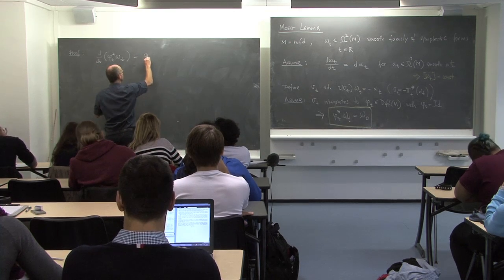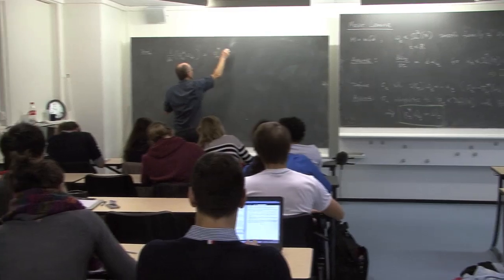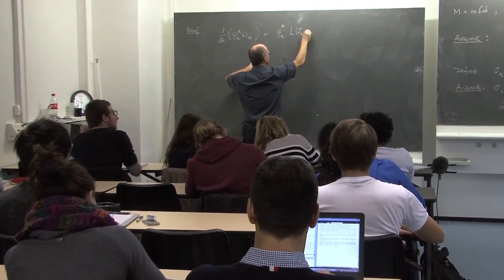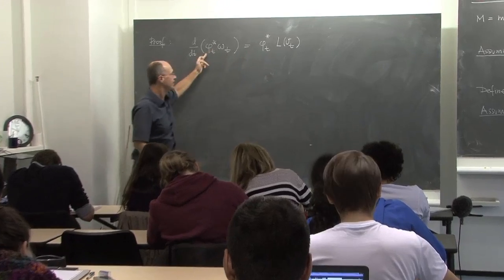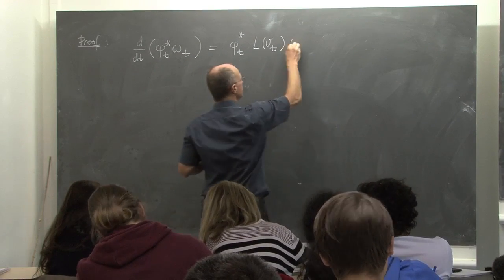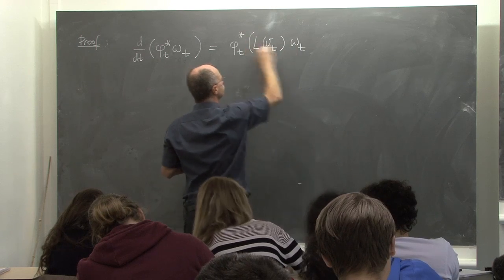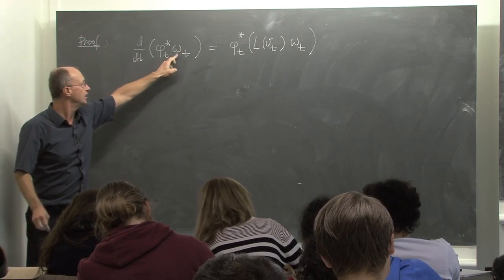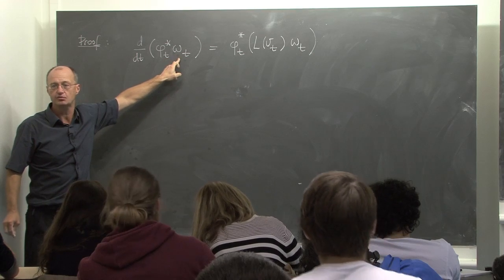So we've got phi t star, and here the Lie derivative with vt, because phi t integrates vt. So that would be L of vt of omega t. This would have been a correct formula if there were no t-dependence of omega.